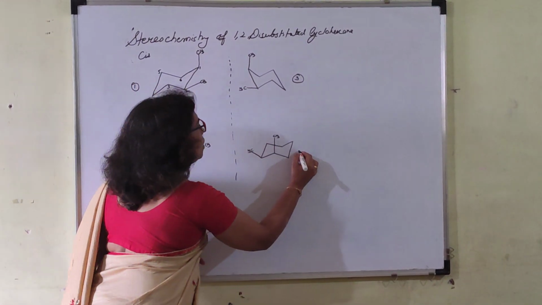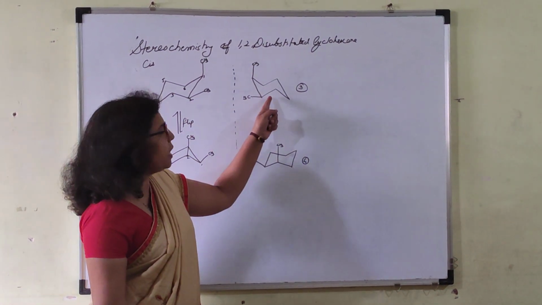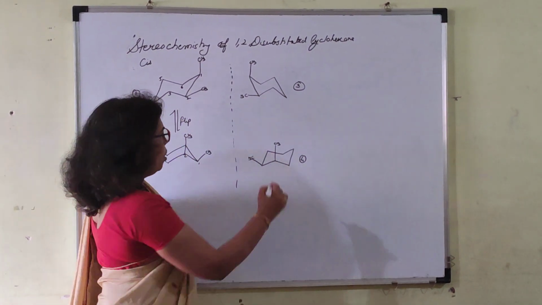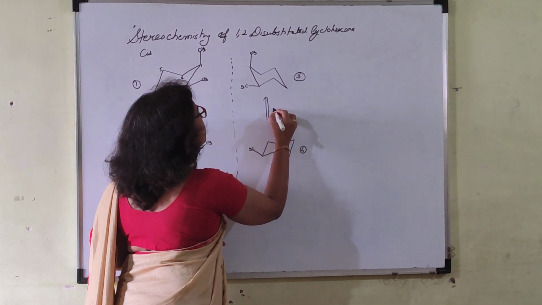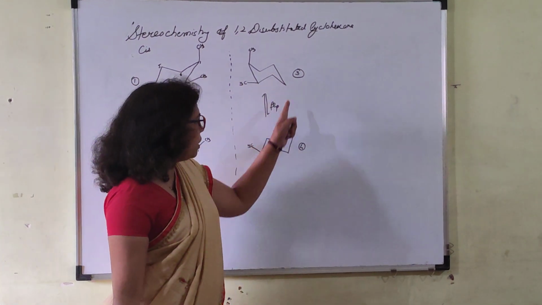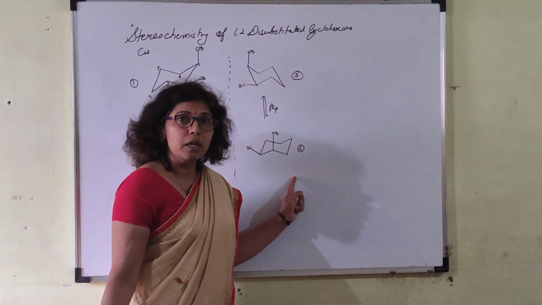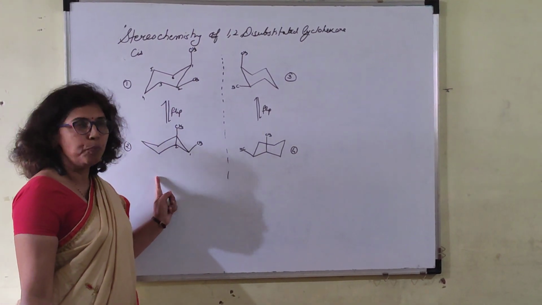This is your compound number 4. If you see keenly, compound number 3 on flipping will give you compound number 4. So, compound number 3 and 4 are conformational isomers, as are compound number 1 and 2.